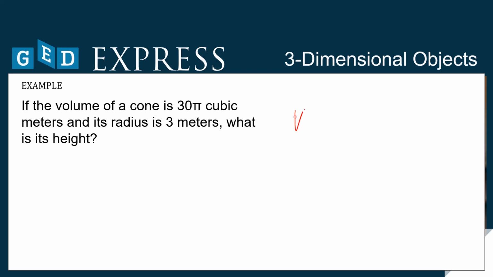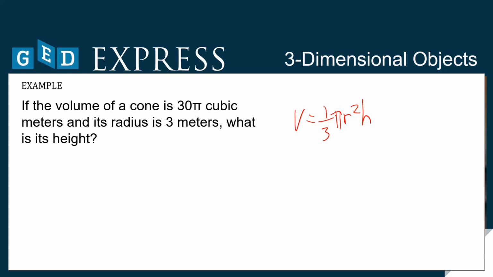V is equal to 1/3 pi r squared h. r is the radius, h is the height.